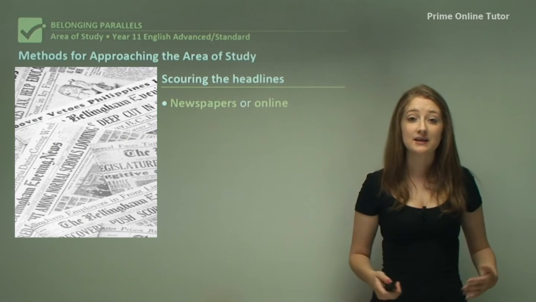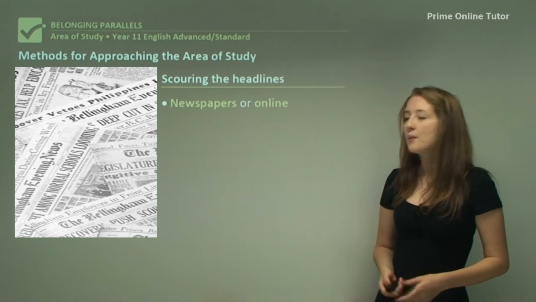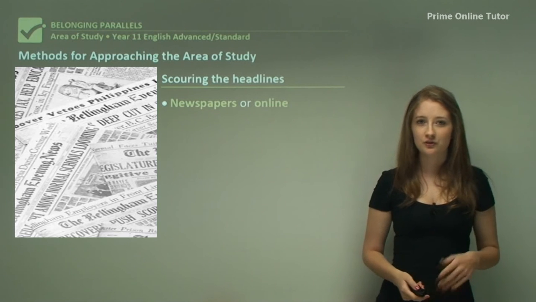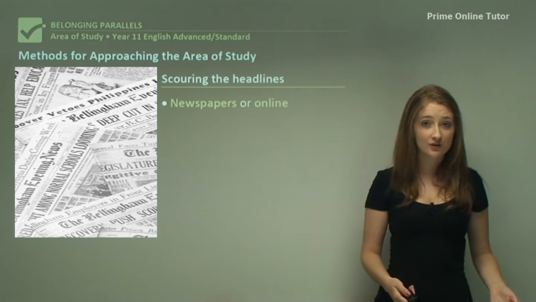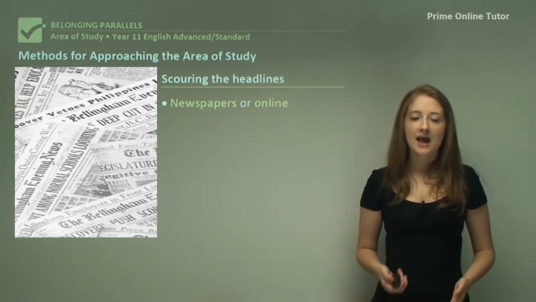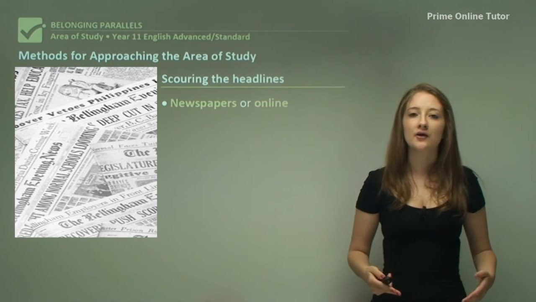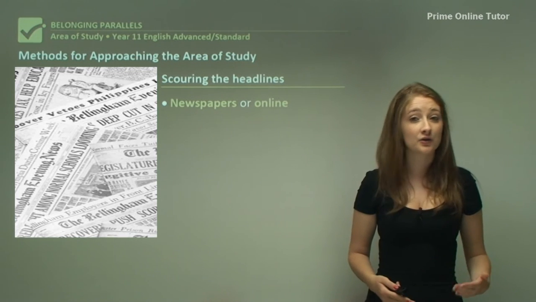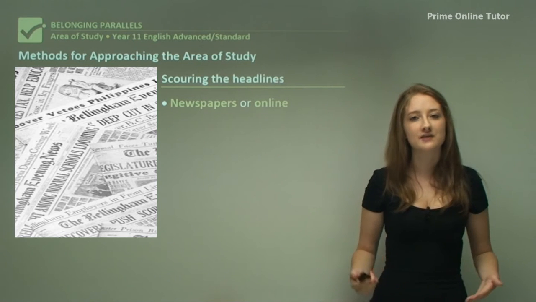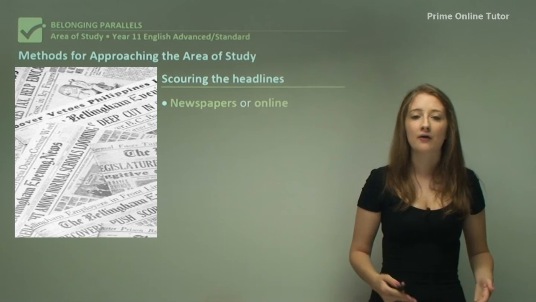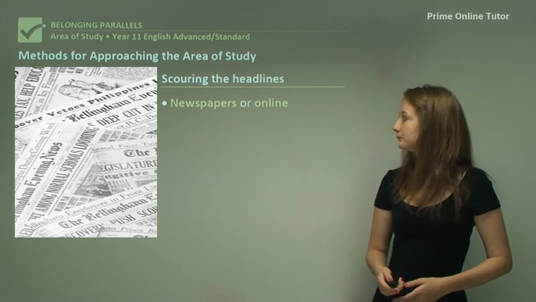The last technique is scouring the headlines. Basically, this means that you use either newspapers in the flesh or newspapers online and use this to create a bank of interesting articles, feature articles, and things like that so that you have a background for your area of study.